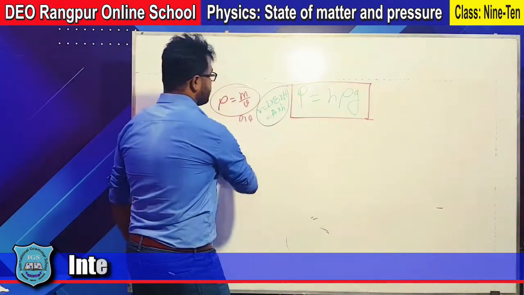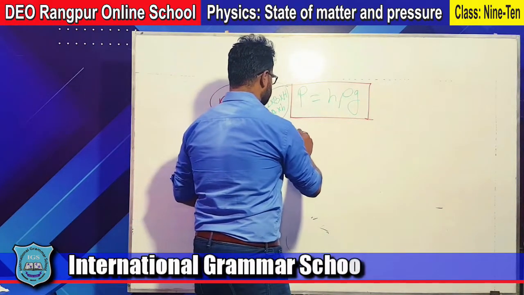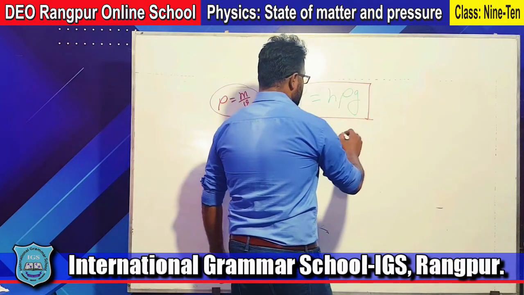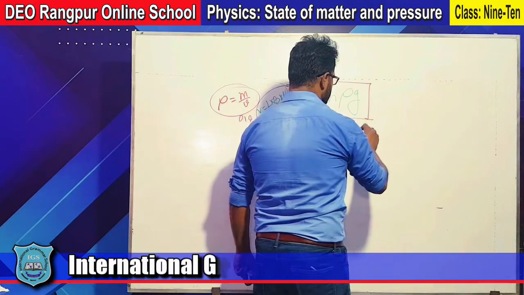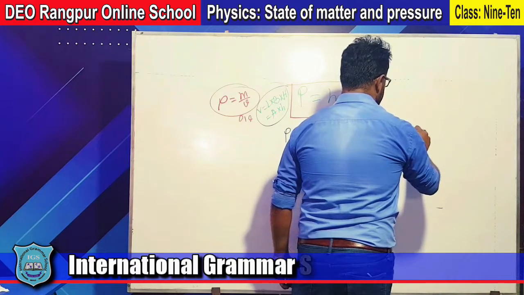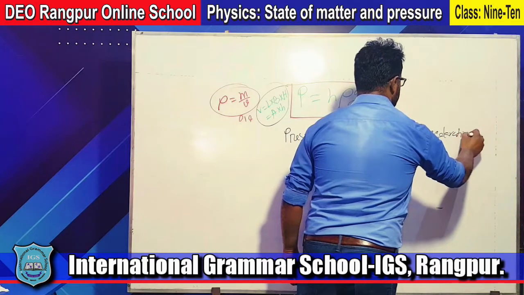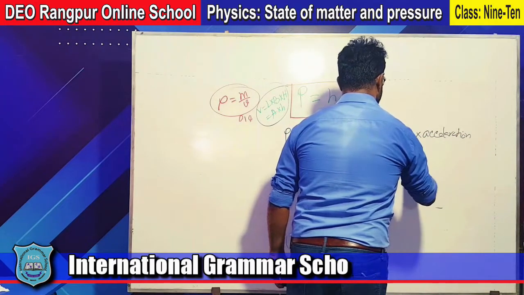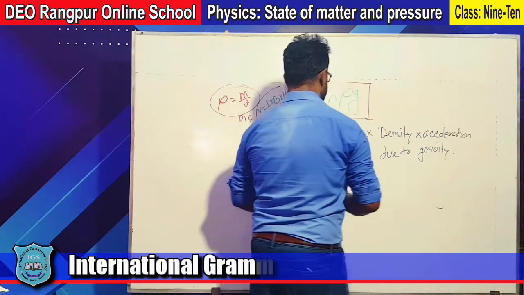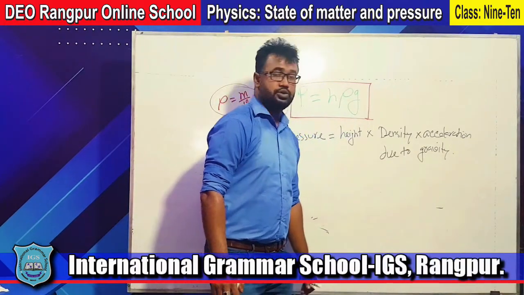So we can write pressure equals height into density into acceleration due to gravity.